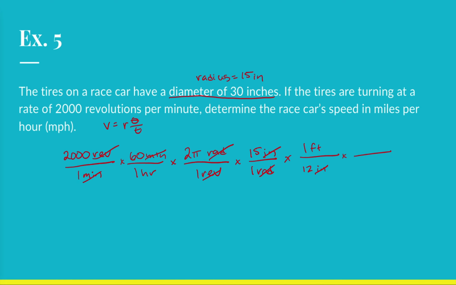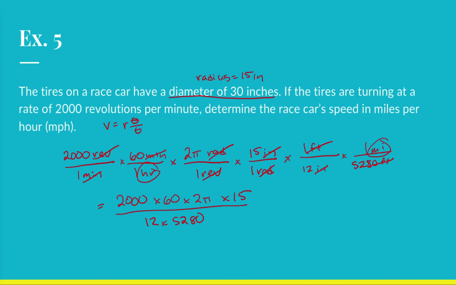And then 5,280 feet in 1 mile, and our feet cancel out. Now we get an answer in miles per hour. So that's 2,000 times 60 times 2 pi times 15 divided by 12 times 5,280.